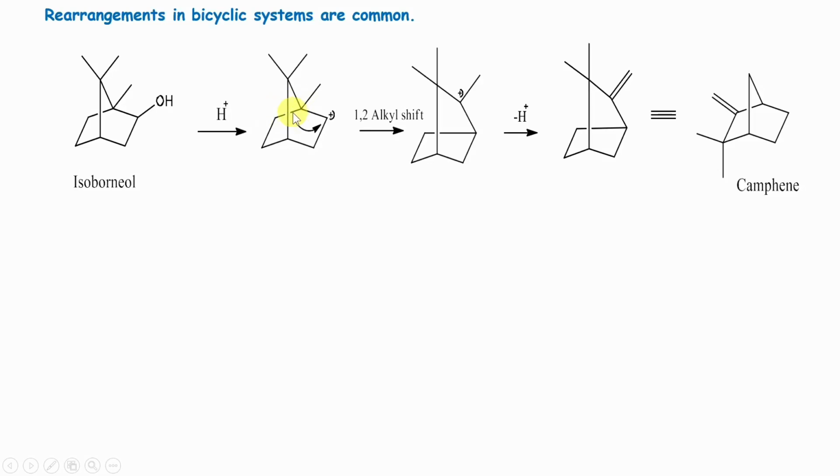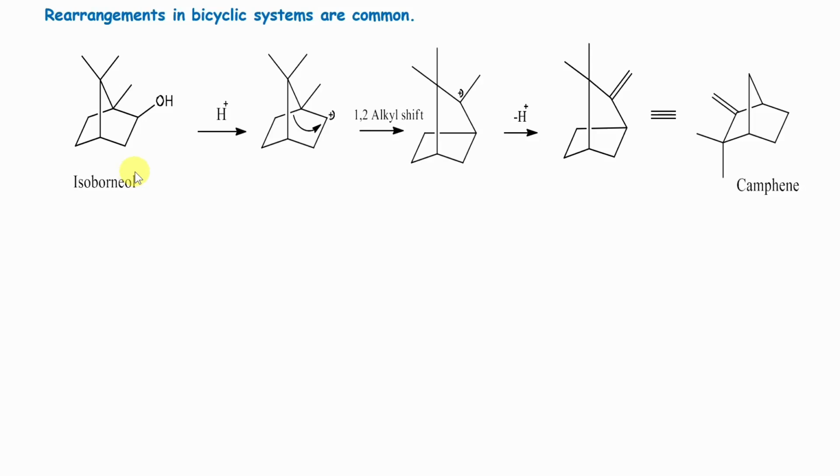This alkyl group shifts from this carbon atom to this carbon atom to form this tertiary carbocation. From this tertiary carbocation, a proton is eliminated from this CH3 group, thereby forming this alkene, which is called camphene. That is how camphene is produced from isoborneol through Wagner-Meerwein rearrangement.